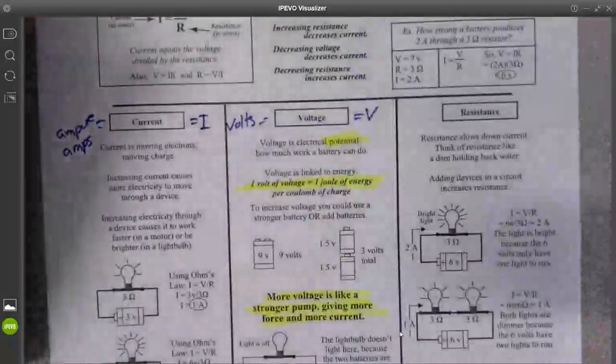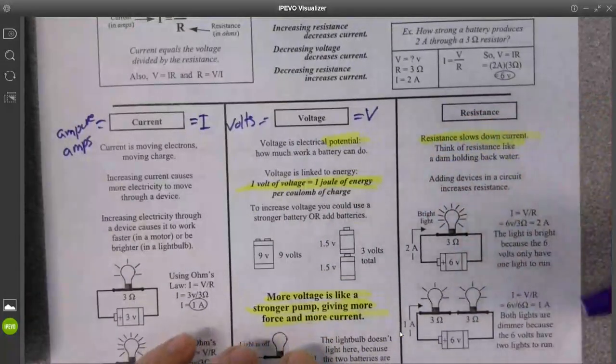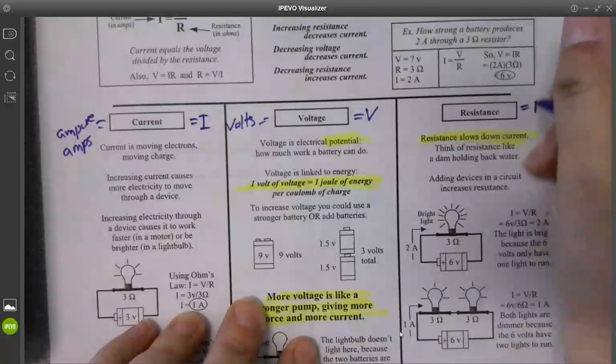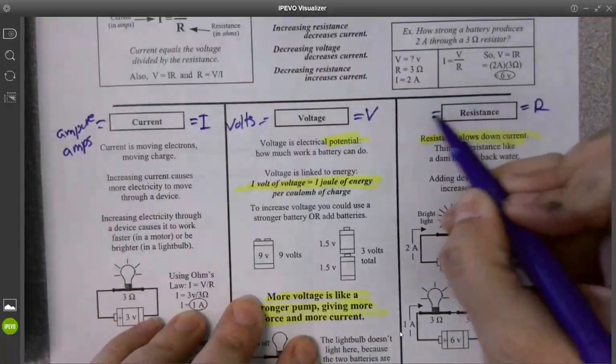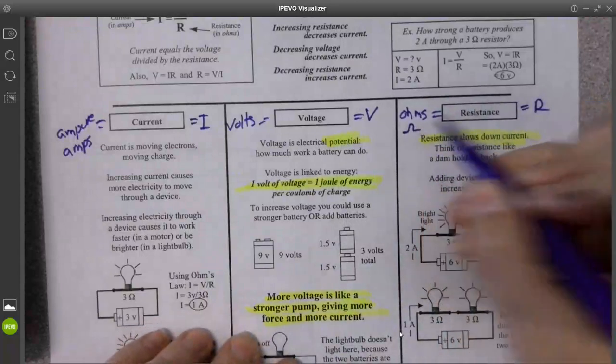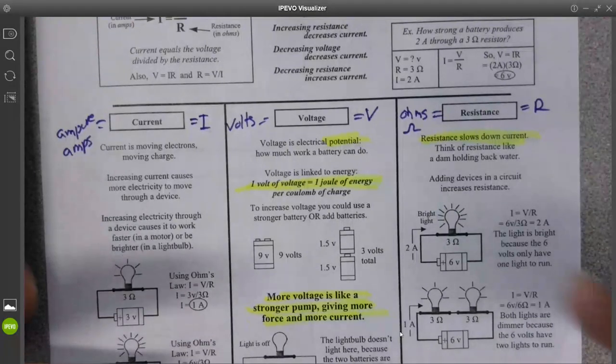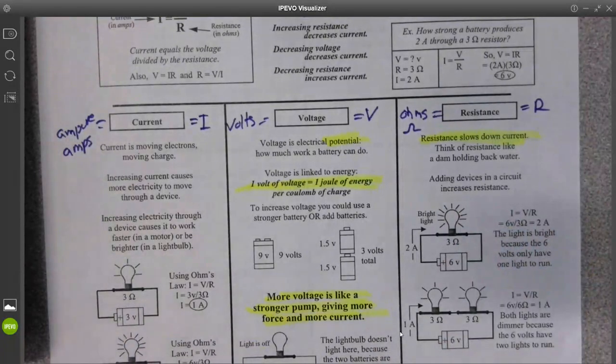Last up is your resistance. Resistance will slow down the current. Resistance is abbreviated with the letter R and is measured in ohms, or this upside down looking horseshoe symbol. You can think of resistance as a dam holding your current back.